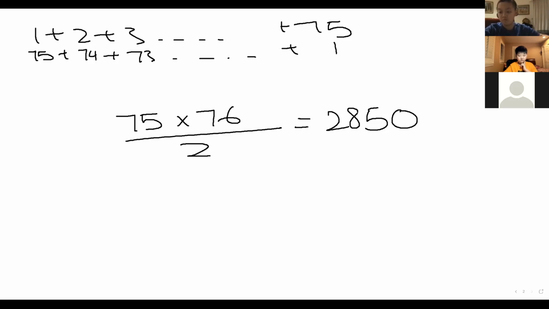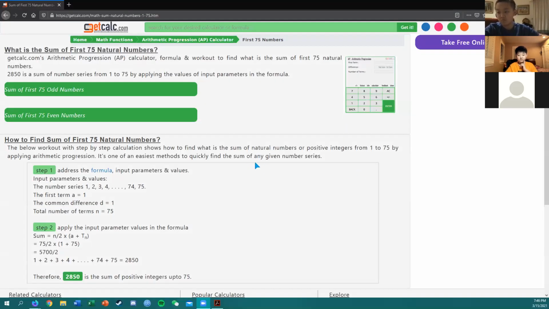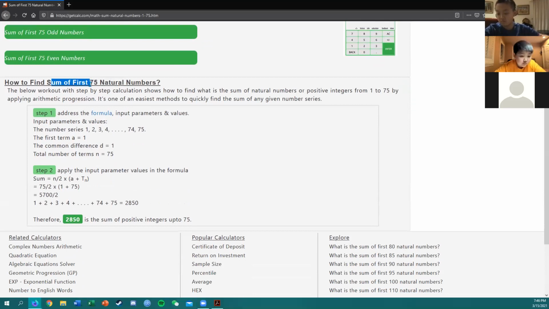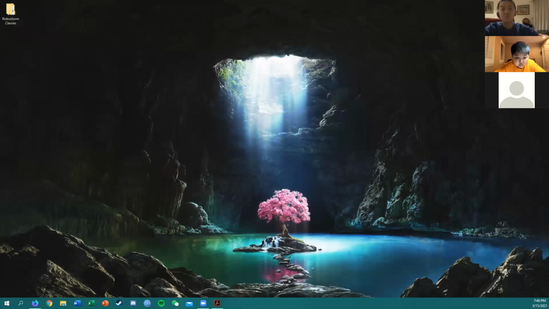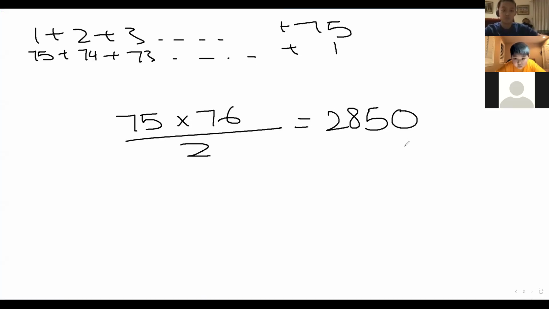So a quick Google search, because I don't want to type this into a calculator, will confirm that the sum of the first 75 natural numbers, which is 1 to 75, is in fact 2850, right? Which is what we just calculated. So it does seem to work. It doesn't matter if there's an odd number of numbers or an even number of numbers, as long as those numbers are consecutive, and that's the most important part.